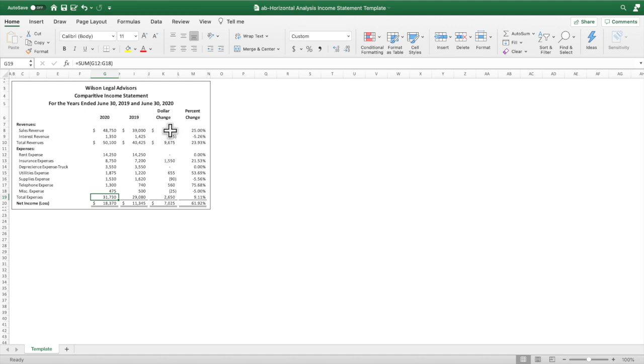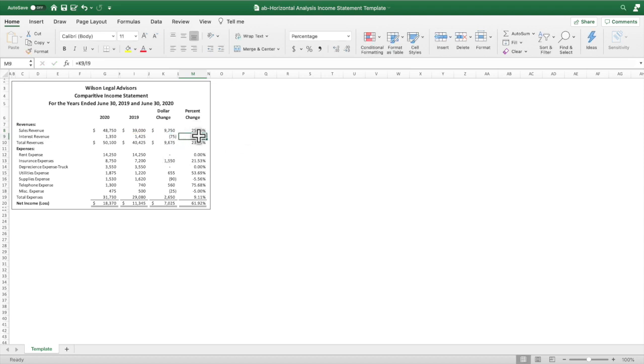Alright, so again, we're going to take the current year, or most recent year, so equals 2020's year minus 2019's year, and then we're going to take this equals the dollar change divided by 2019's data.